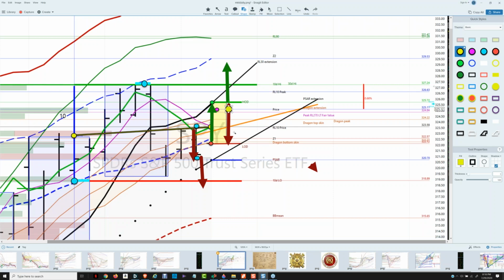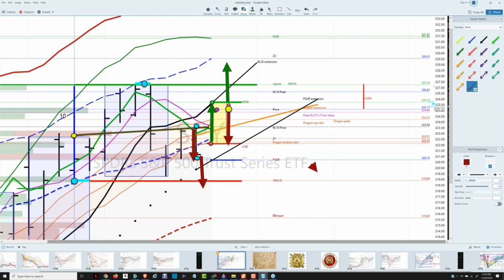So if it opens where it closed, without a gap, this is what tomorrow's price action would look like if it was a clone of today in either direction.